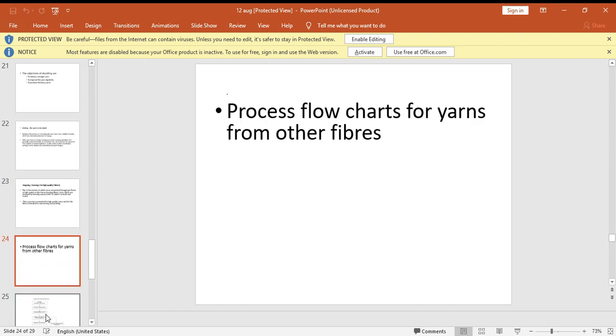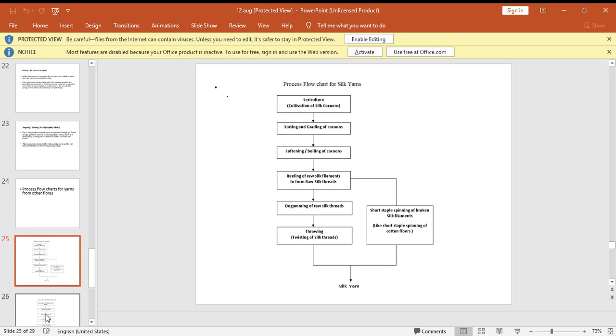This process is essential for high quality yarns and for fabric intended for merchandising and printing. Next, process flowcharts for yarns from other fibers. So first one is the process flowchart for silk yarn.